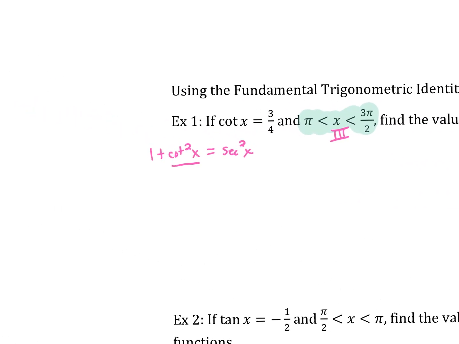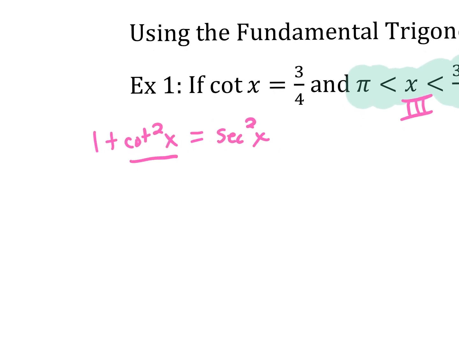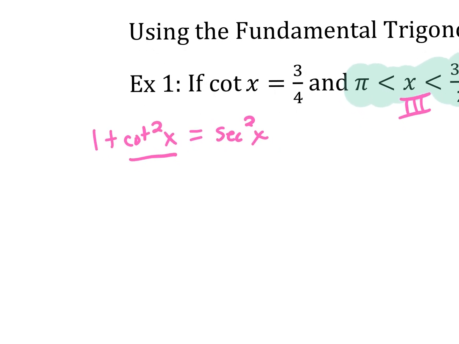Okay, so we're plugging this numerical value into this identity. So this means we are plugging in 1 plus 3/4 squared. Guys, notice no x's. It's just numbers here on that side, right? And that's equal to cosecant squared x.